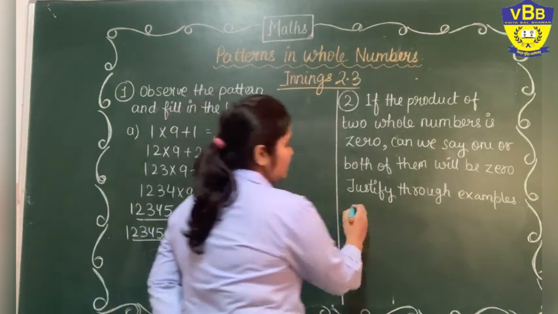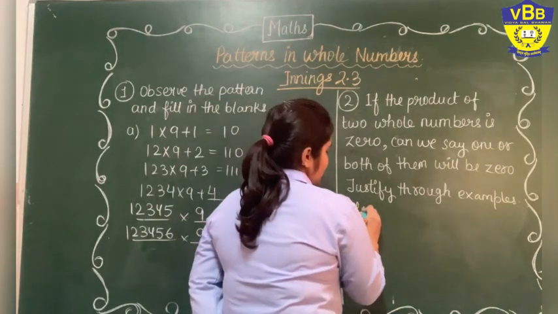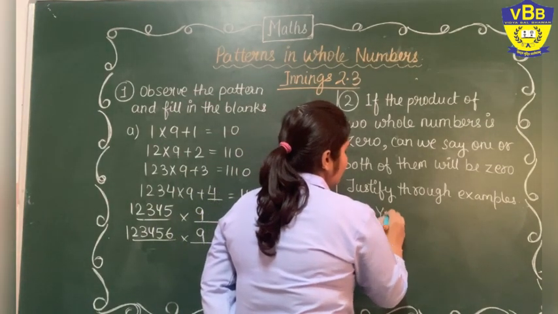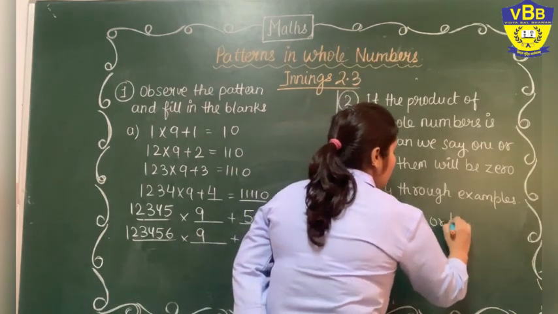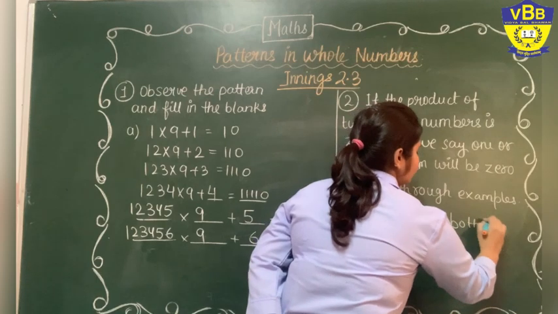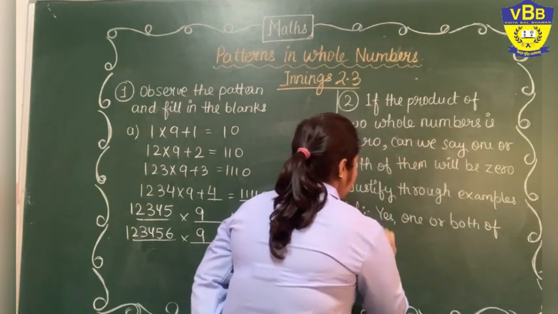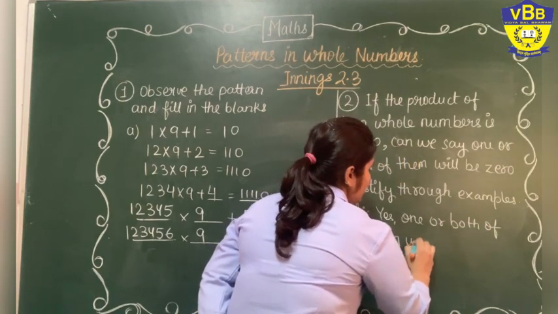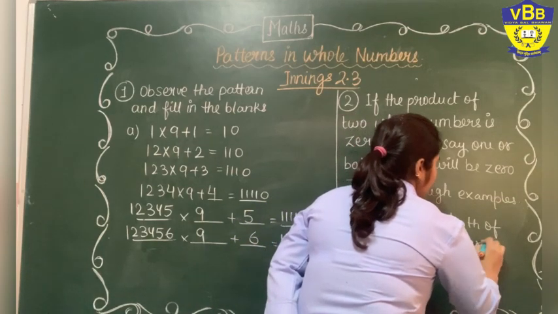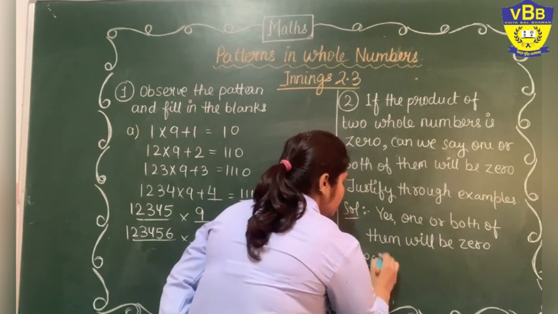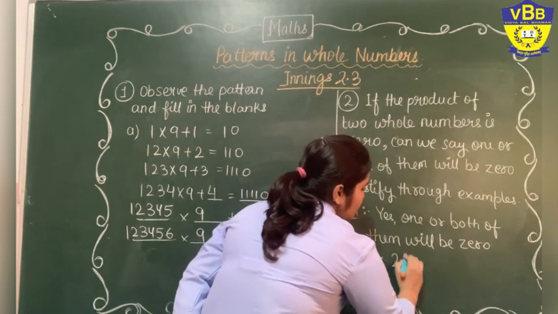Justify through an example. So yes, one or both of them will be 0. Example: 2 multiplied by 0.